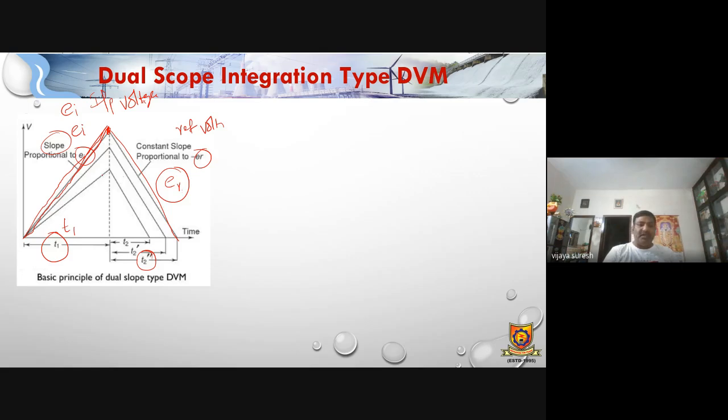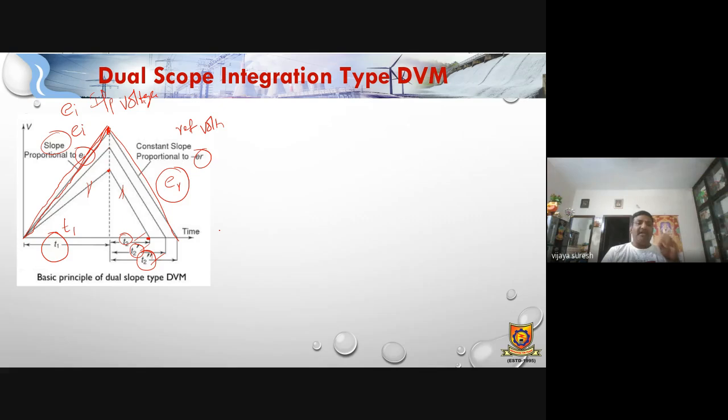If you observe the third one, it will take t1 time here, then from the peak to 0 it has taken t2. The second ramp signal has taken t2 dash, and the third ramp signal has taken t2 double dash. So different time intervals we have taken.